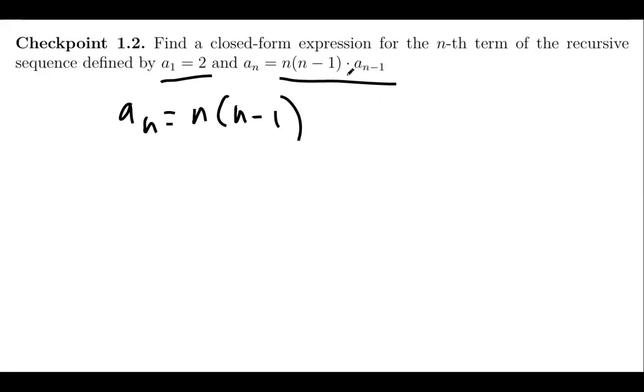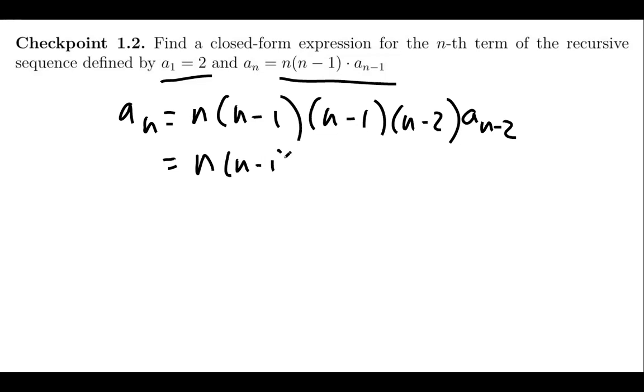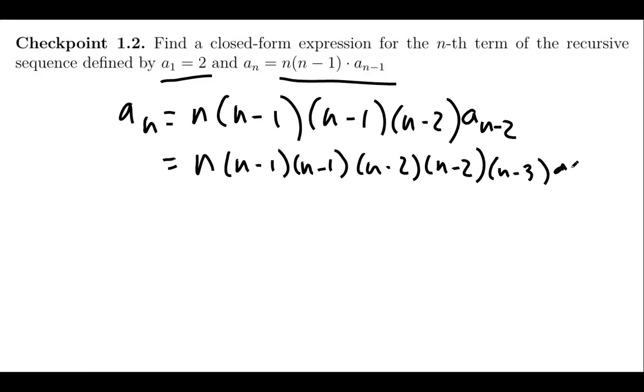And then for the previous term, we can substitute in (n-1) times (n-2) times a_(n-2). And then this is also equal to n times (n-1), (n-1) times (n-2), another (n-2) times (n-3), and then a_(n-3).